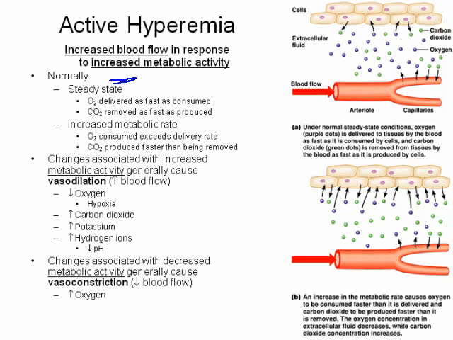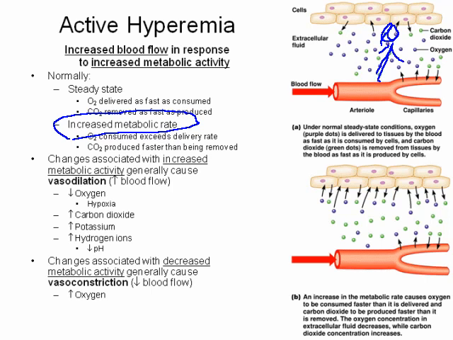So normally it's a steady state. That is, the amount of oxygen delivered to the tissue is coming as fast as it's being consumed. The amount of CO2 being taken up by the blood from the tissue is being removed as fast as it's produced. That's why we call it a steady state. But if you increase metabolic rate, the oxygen consumption is increasing.